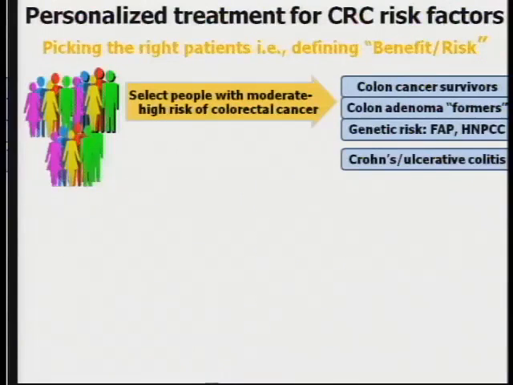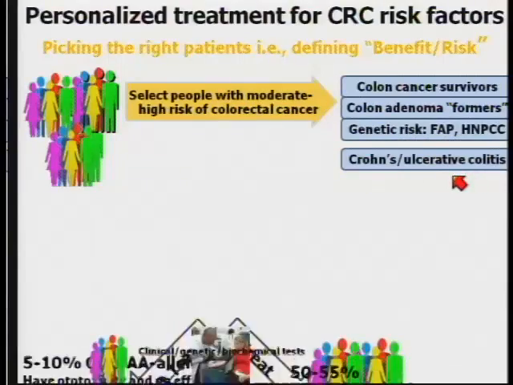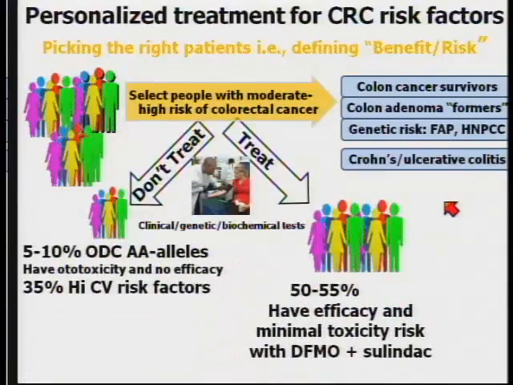So in terms of our view of personalized prevention, we're thinking about starting with the general population and identifying those people who are at higher risk: colon cancer survivors, prior adenoma formers, genetic factors, potentially inflammatory factors. The ODC A-allele is one of the genetic features, and we think there are going to be a number of other features that we can add to that that are going to provide us with don't treat or treat decisions.